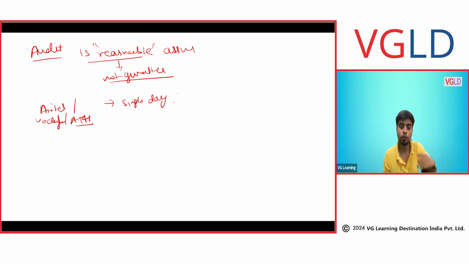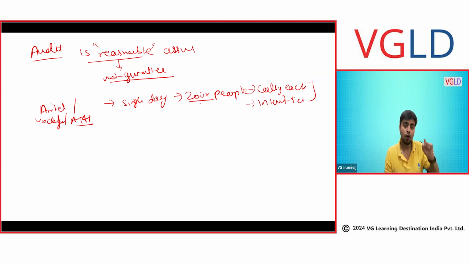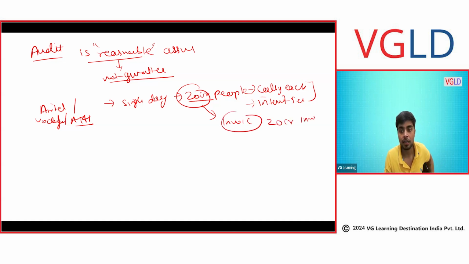Let's say 20 crore people. They are calling each other, using internet service or maybe some other paid service. In one single day, these 20 crore people just call one time and use the internet once. Do you think it would generate less than 20 crore invoices in one single day?